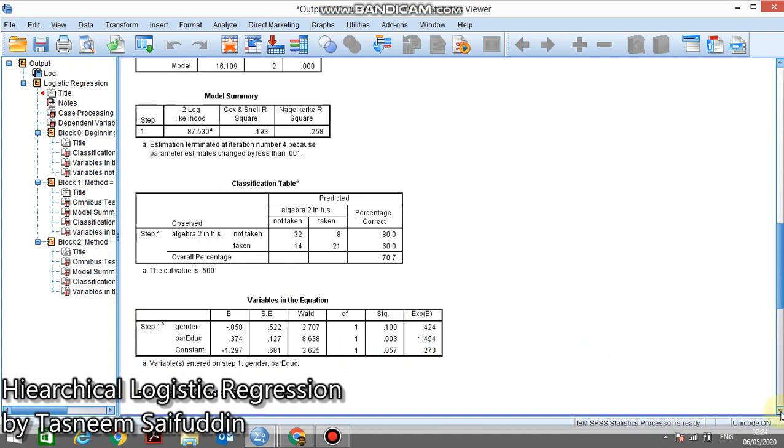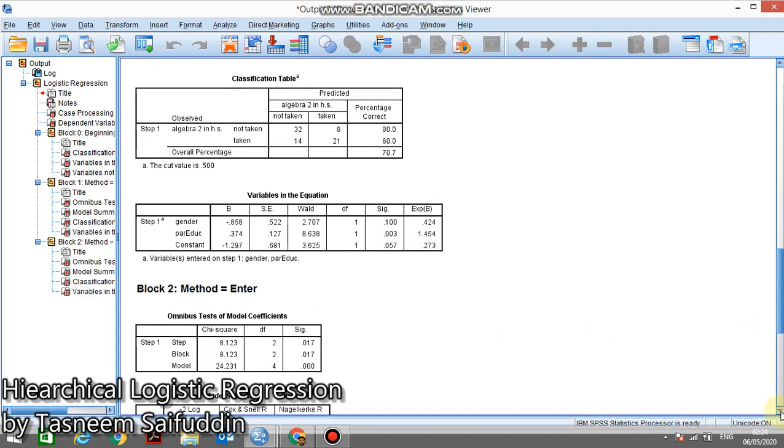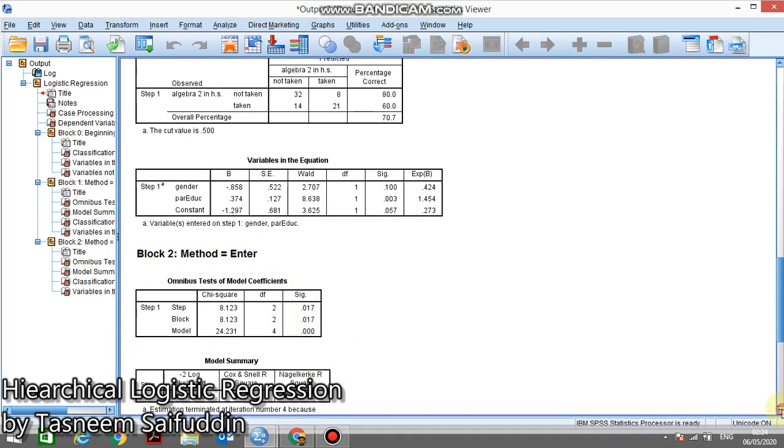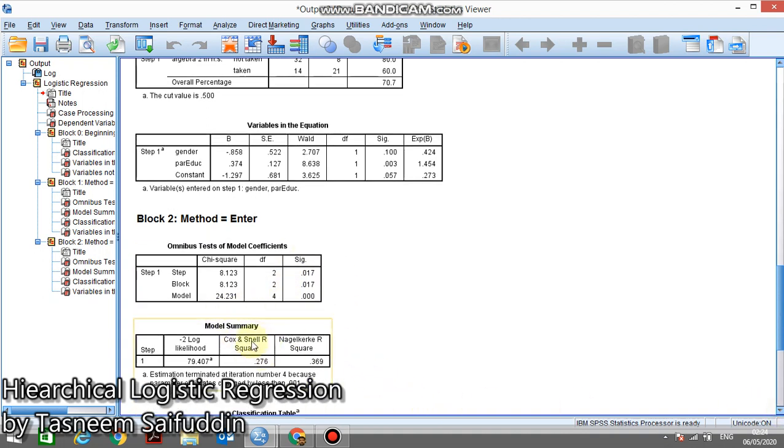Now in the block 2 method, it is showing that mosaic and visualization test increase the significance. It means they both are significant over here. And what does this R square value show? These R square values and this corrected percentage are higher than they were with only gender and parents' education.